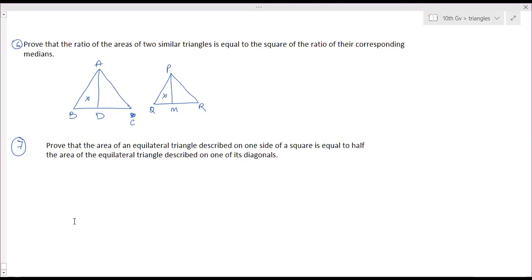Ma'am, in the sixth question, is it already given that ABC is similar to PQR? Yeah, it is given, two similar triangles. The ratio of areas of two similar triangles is equal to... They have given which triangles are similar.